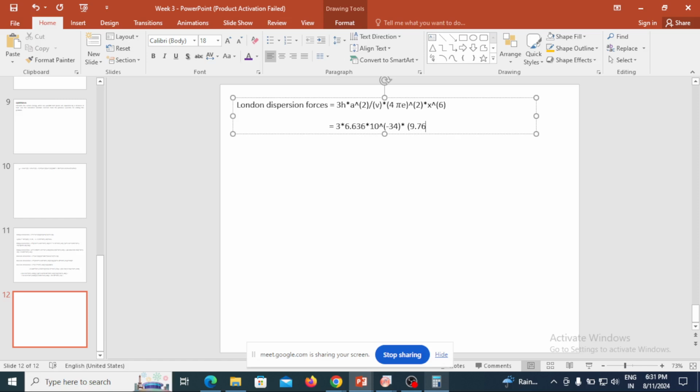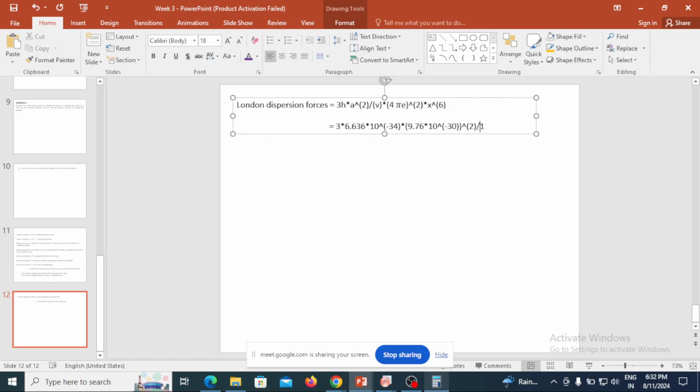So 9.76 times 10 to the power minus 30 whole square divided by x power 6.